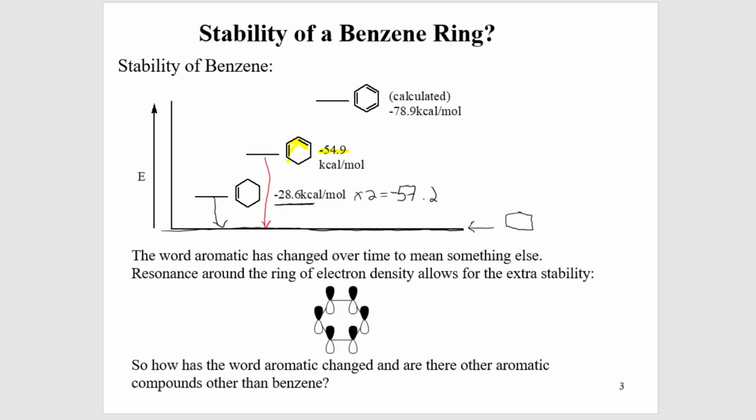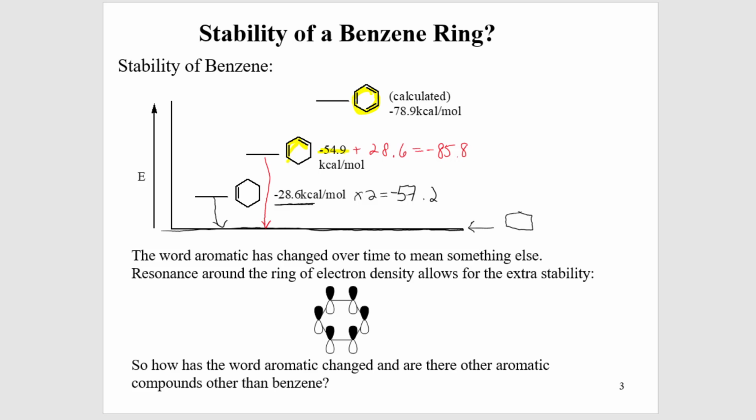Okay, so you take negative 54.9, and add another negative 28.6, and you get negative 85.8. It should be negative 28.6 times 3, right? If you have 3 double bonds.